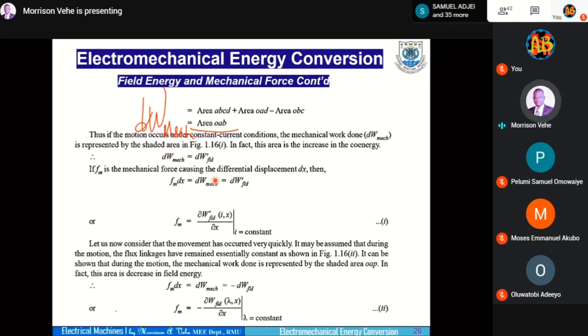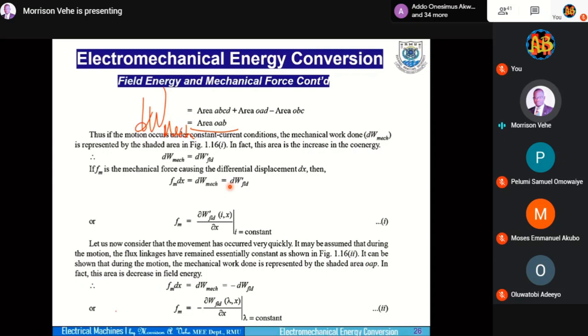We can just rewrite this as this. We can also make Fm the subject, but by doing so, we have to differentiate it. It should be a partial derivative, so that you are looking at the displacement and then the value of the constant current.